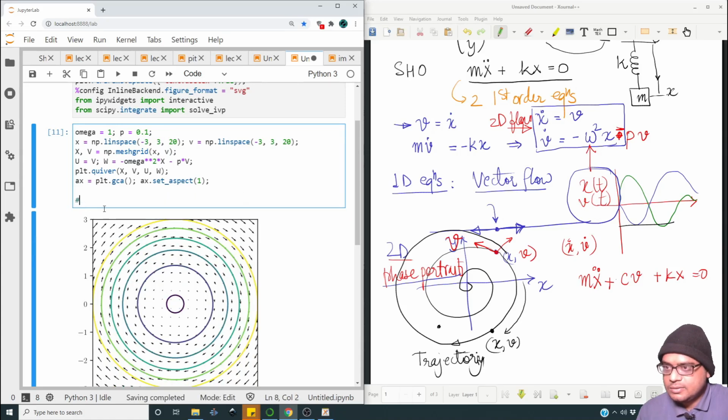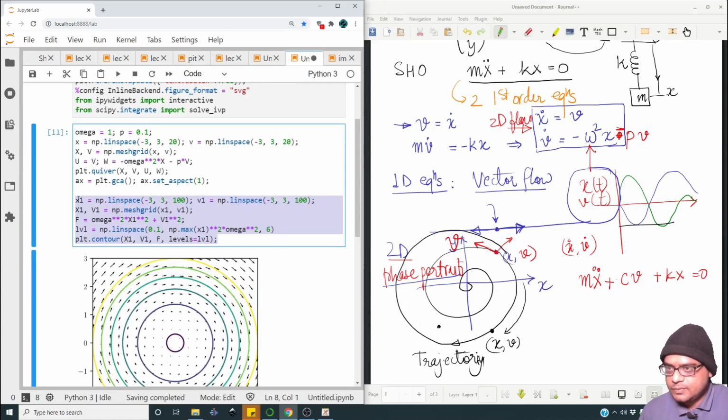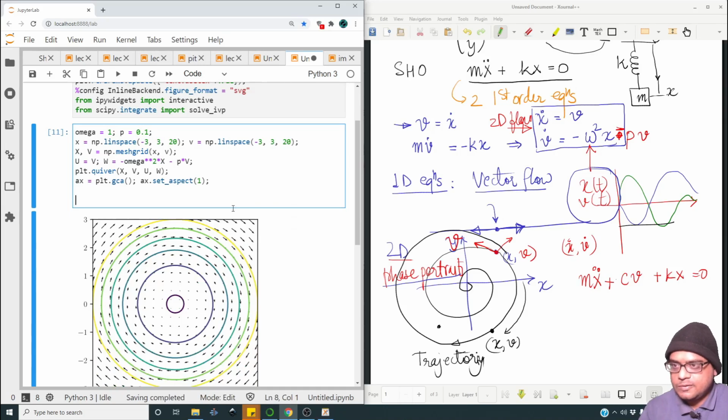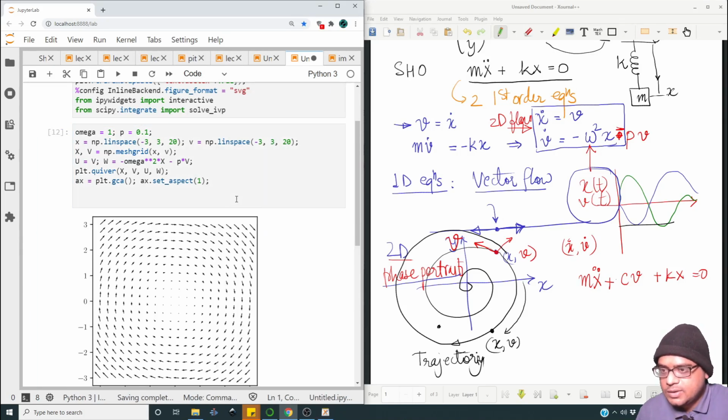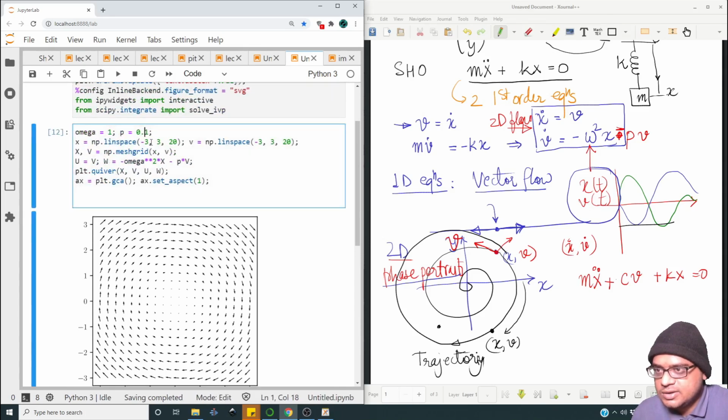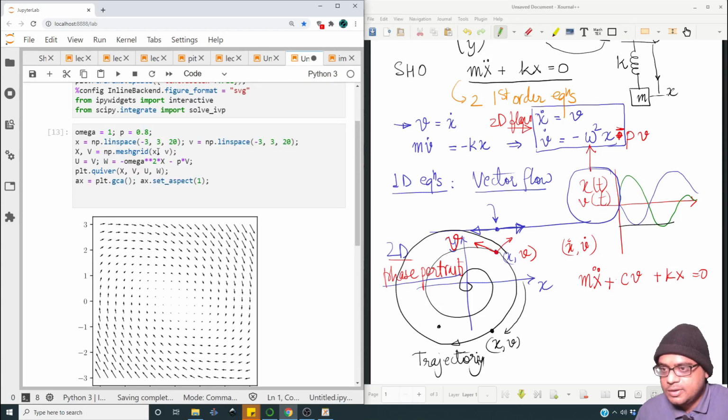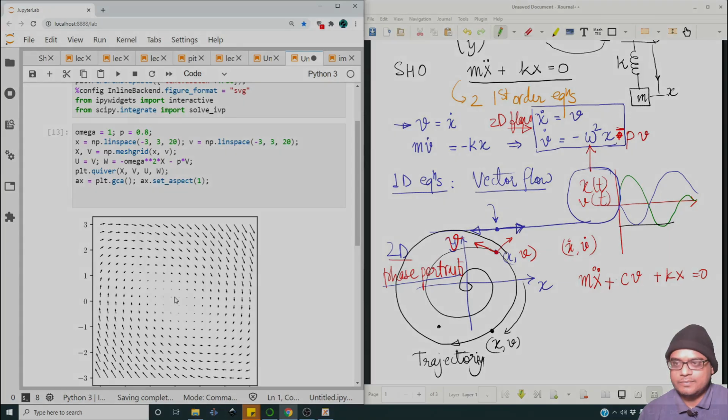So let me remove it. Okay, let me run this and let us see how the arrows look. Let me increase the value of p to something like 0.8. Now look how it starts to look more like a spiral. Okay, it looks more like a spiral, and it's slowly losing energy, and it will go to the origin.